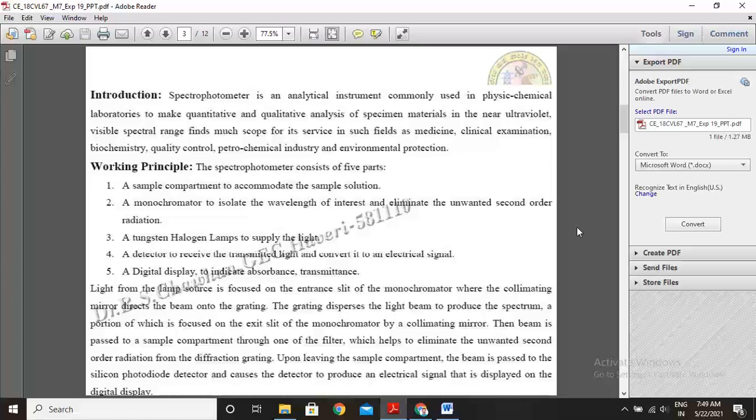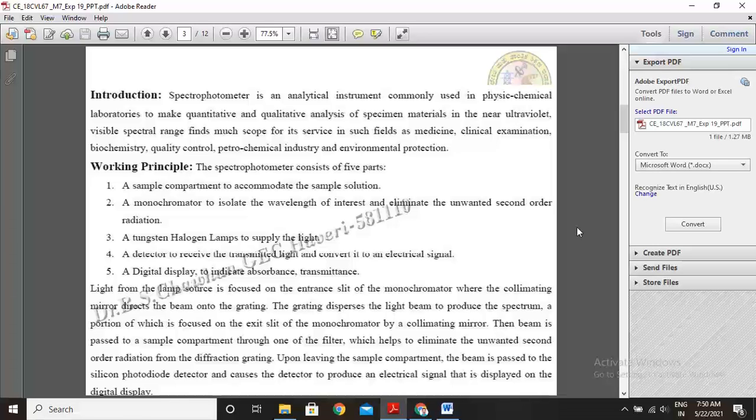The grating disperses the light beam to produce the spectrum, a portion of which is focused on the exit slit of the monochromator by a collimating mirror. Then the beam is passed to a sample compartment through one of the filters, which helps to eliminate the unwanted second order radiation from the diffraction grating.